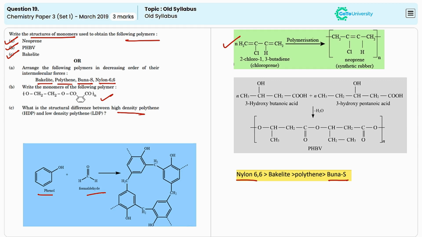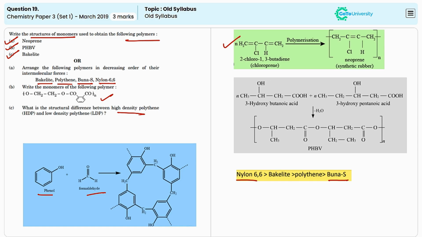Coming to the LDPE, which has a highly branched molecular structure and the branches prevent the polymer chains from packing closely together. It will lead to a less dense amorphous structure. They have lower density because the chains are less tightly packed. The property can be explained as they are more flexible and it has a lower tensile strength and is less crystalline.